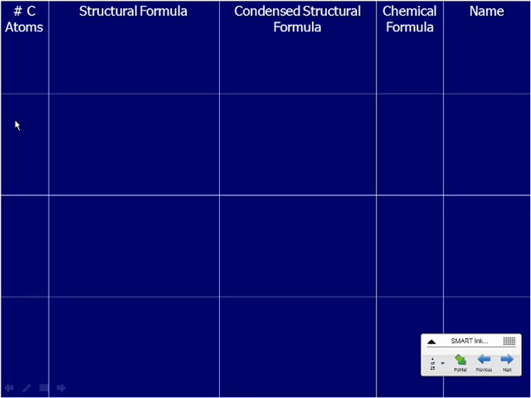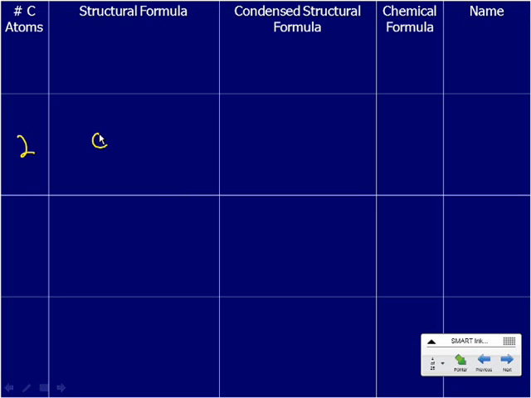All right, number of carbons. Well, you can't have a double bond if you only have one carbon. So there is no such thing as methene because you have to have two carbons to have the double bond between. So we actually start with two carbon atoms.